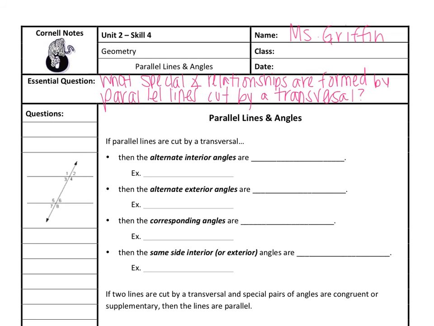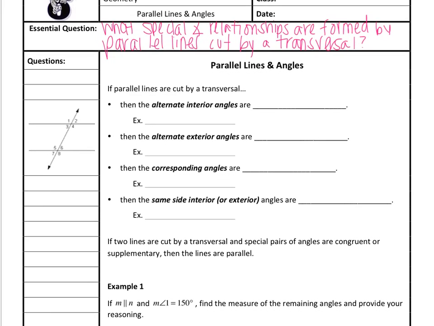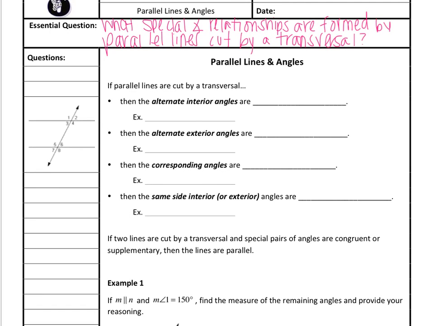So we've got this picture over here off to the left-hand side, and we've got some words in bold and italics over here off to the right. It says, if parallel lines are cut by a transversal, let's just break those words down for a second. Parallel lines never intersect.